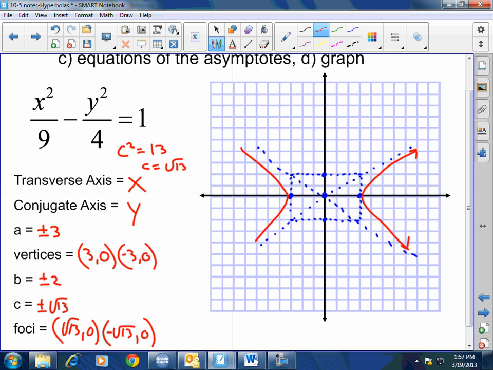Don't cross the asymptotes. And then last but not least, you got to graph your foci. In this case, the square root of 13. It's a little shy of 4. So it's about right here. And it's about right here. And you are done. Like I said, parabolas are a lot harder than this.